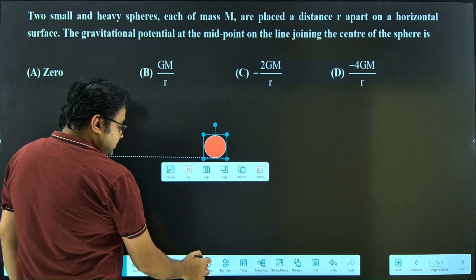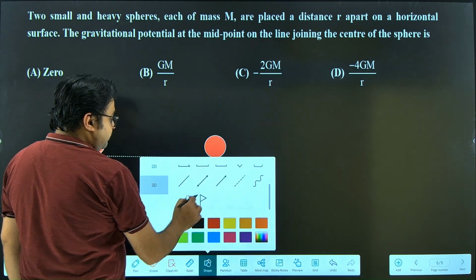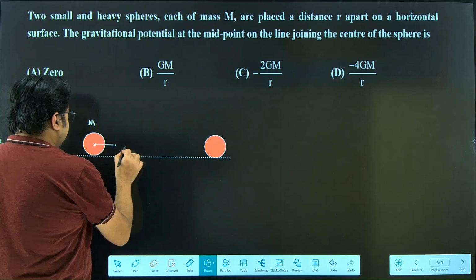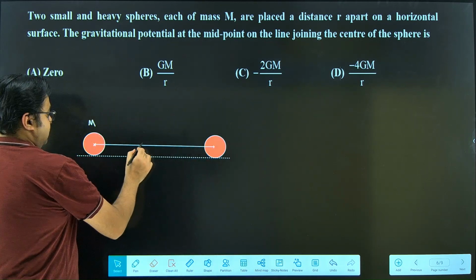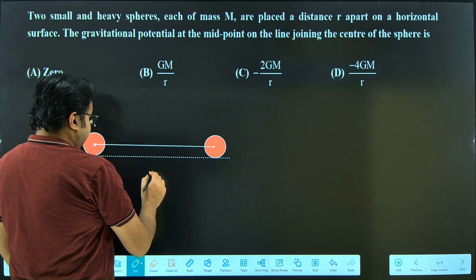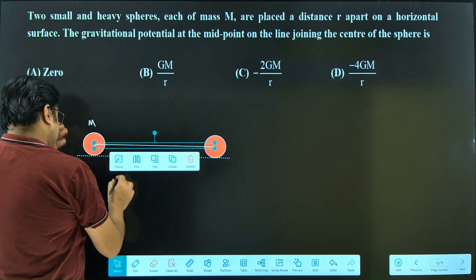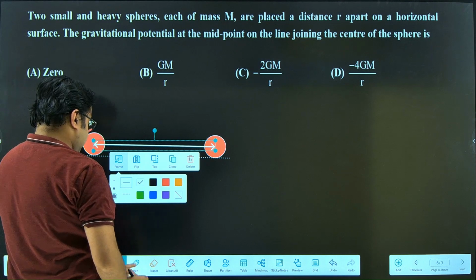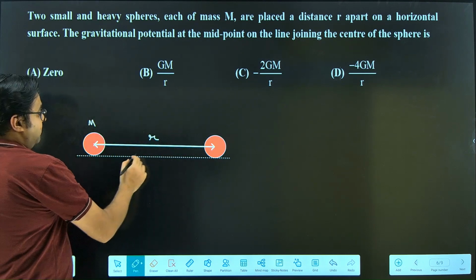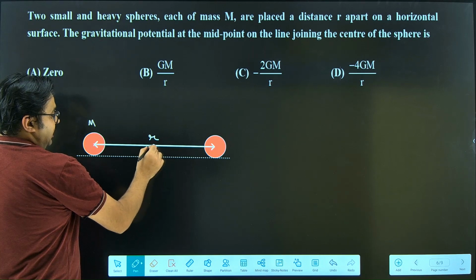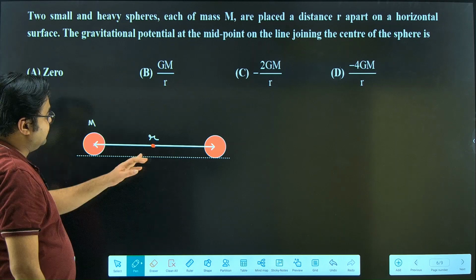The question says that the distance between both of them is r. So all the way from here to here is small r. This is r. We need to find what is the gravitational potential exactly at the center.